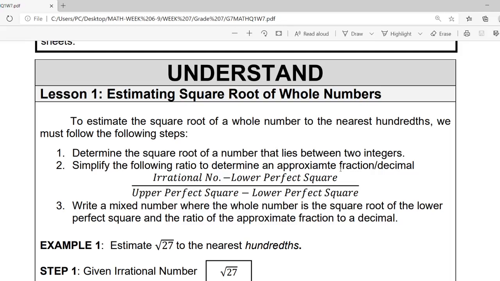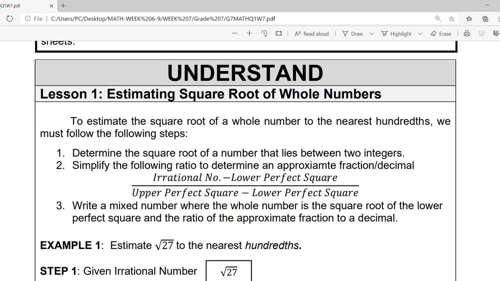So we have this formula: irrational number minus lower perfect square number, divided by the upper perfect square number minus lower perfect square number. By the way, perfect square numbers are like 1, 4, 9, 16, 25, 36.